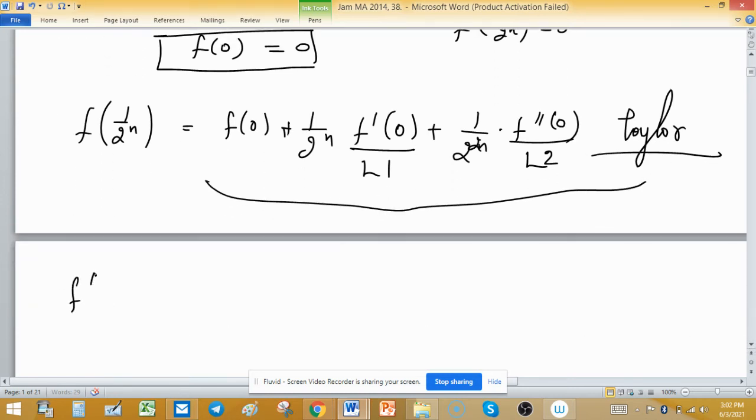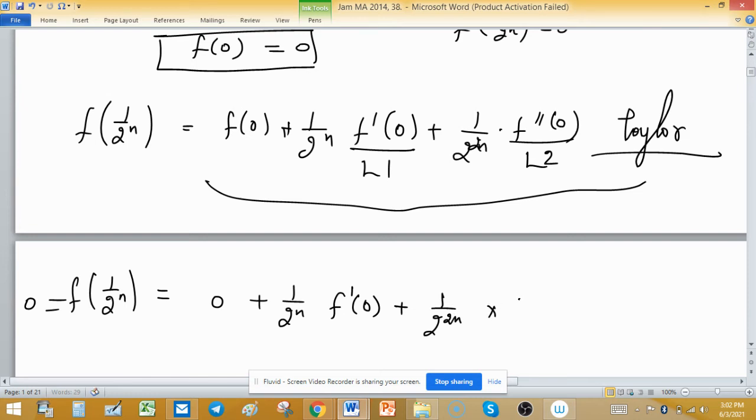So f of (1/2)^n can be written as f of 0, which is 0, and the left hand side is also 0, plus (1/2)^n, factorial 1 is 1, and f prime 0, plus (1/2)^(2n) into factorial 2, which is 2, so I can write 2 here, f double prime 0.